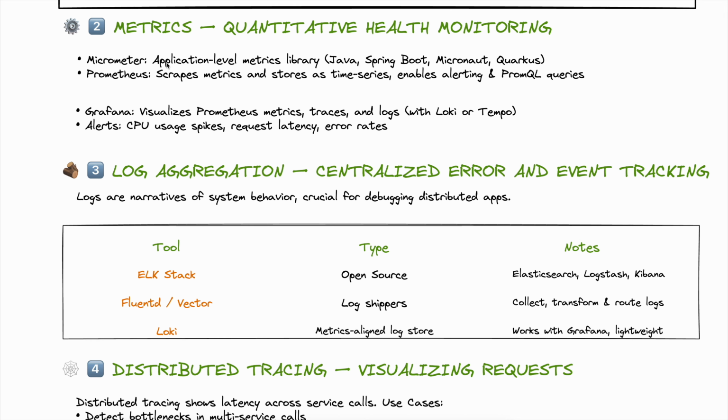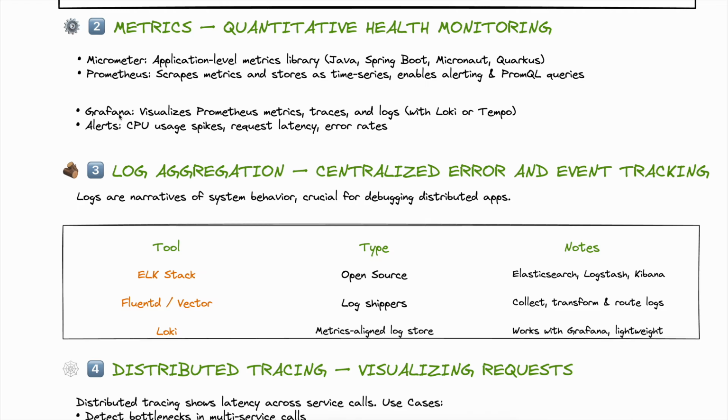Micrometer is the application-level metrics library used in the Java ecosystem, for example if the application is in core Java, Spring Boot, Quarkus and similar frameworks. And with Prometheus, we scrape those metrics, store them, and enable alerting. We also have PromQL queries for querying those metrics.